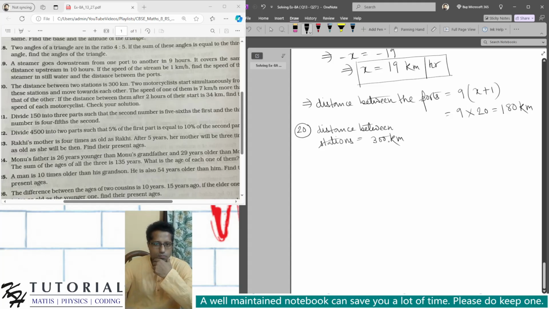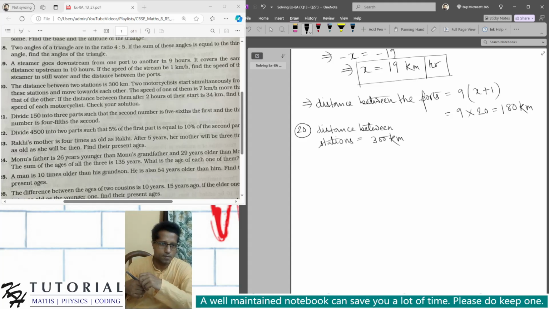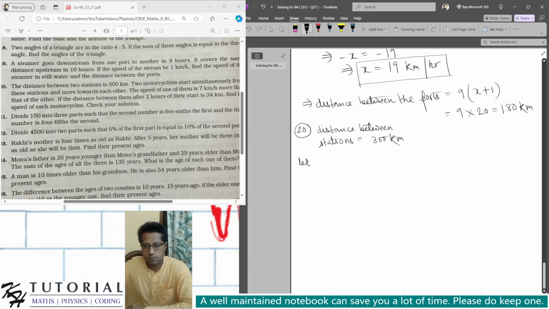We will have to assume the speed of one motorcyclist. Let the speed of the first motorcyclist be x kilometer per hour.